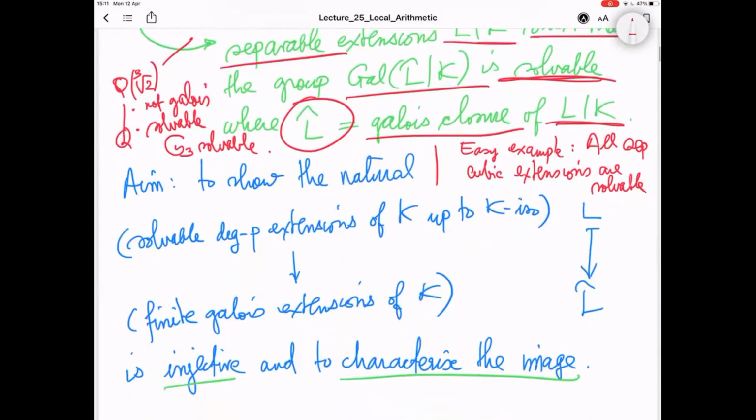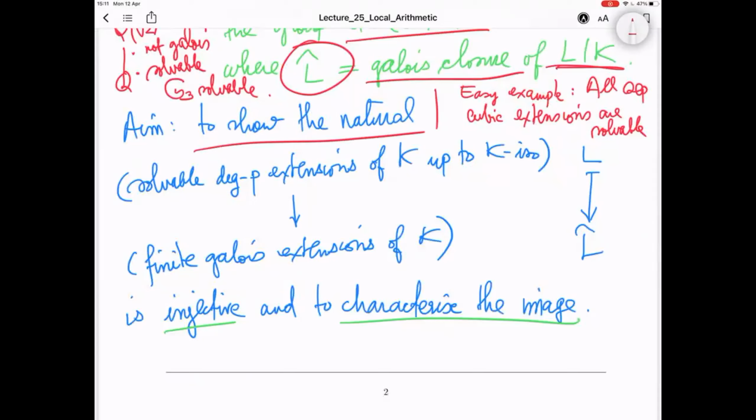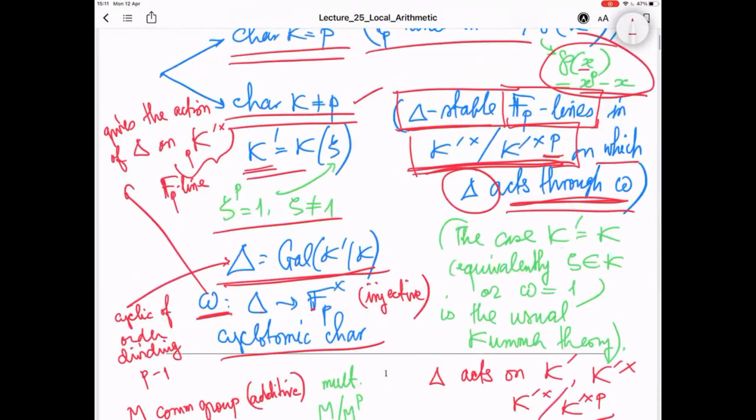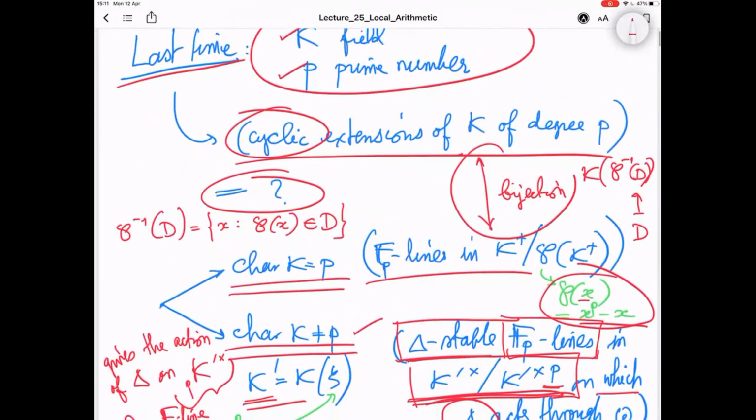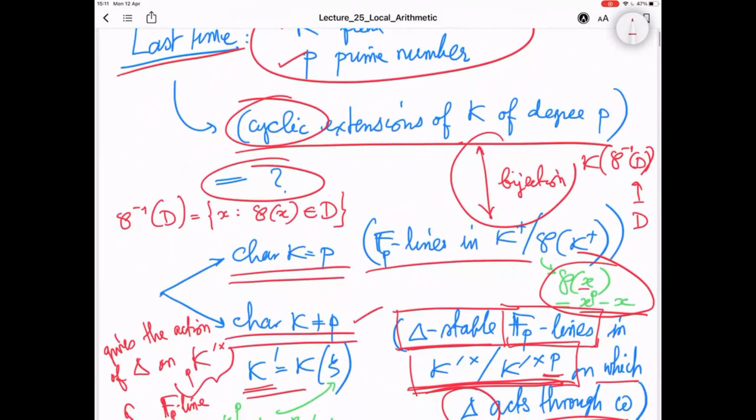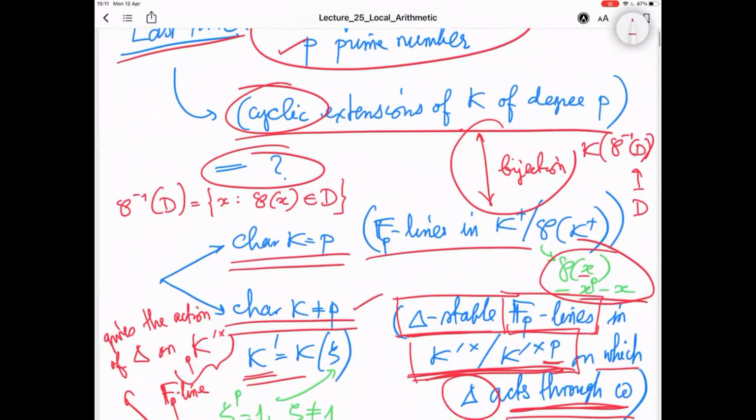So the aim today is to give a natural bijection. Just as there was this bijection here between the set of cyclic extensions of degree p and some other set which is easier to construct, a known set, whereas the set of cyclic extensions is an unknown set.